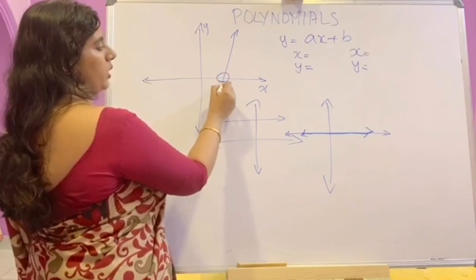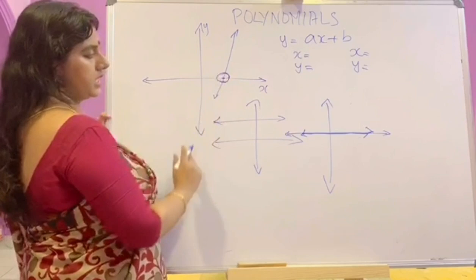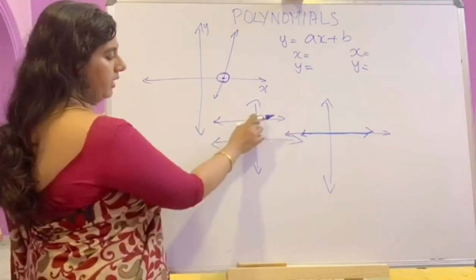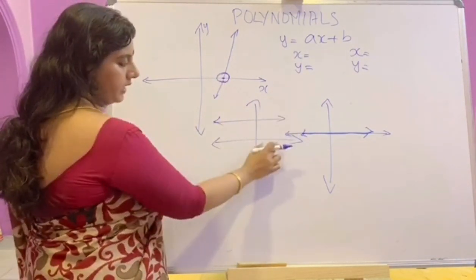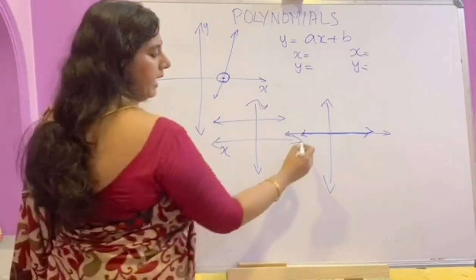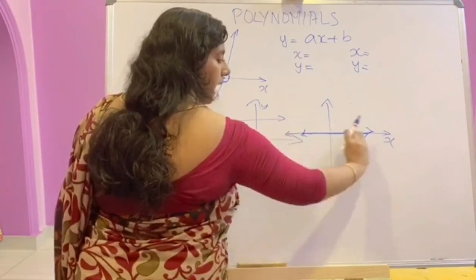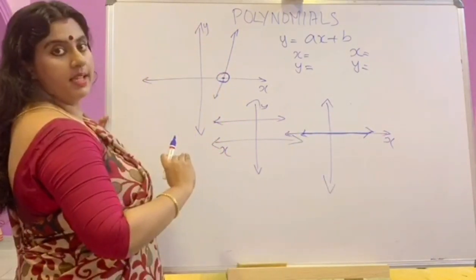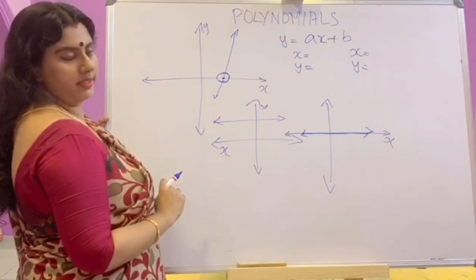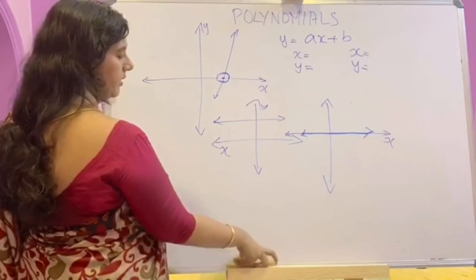Here there is only 1 zero. That is the point where it touches the x-axis. Here the straight line is not touching the x-axis, so there are no zeros. And here the straight line is lying on the x-axis, so there are an infinite number of zeros. These are the three conditions of a linear polynomial.